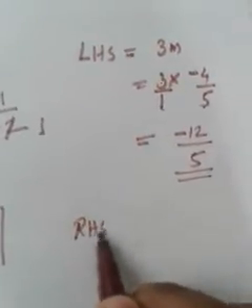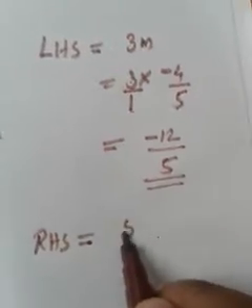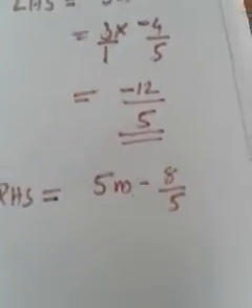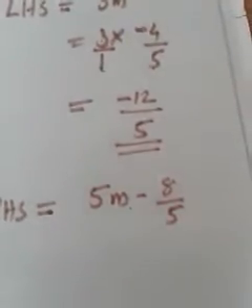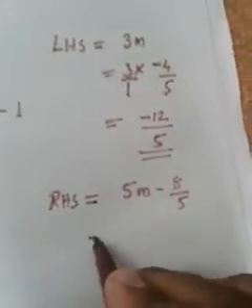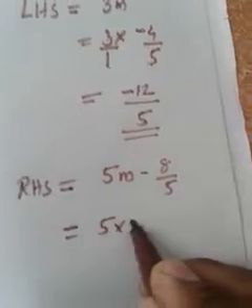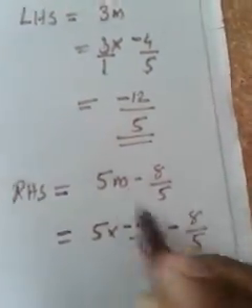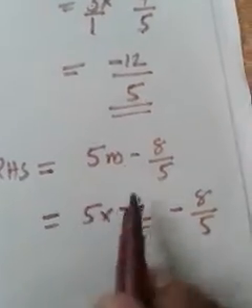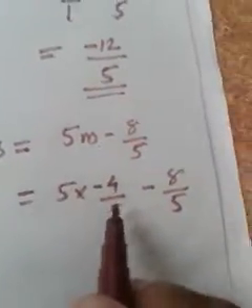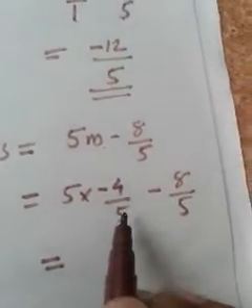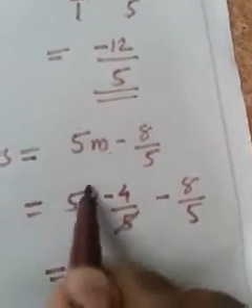Then what is RHS? RHS is 5m minus 8/5. So that implies 5 into m, where m is -4/5, minus 8/5 as it is. You just see here, this 5 and this 5 will get cancelled.